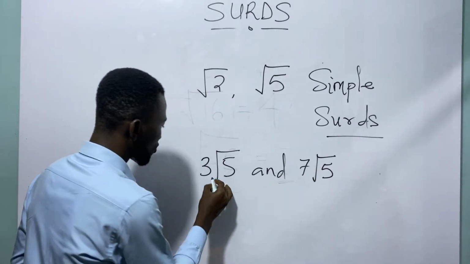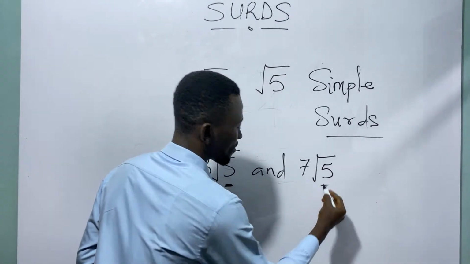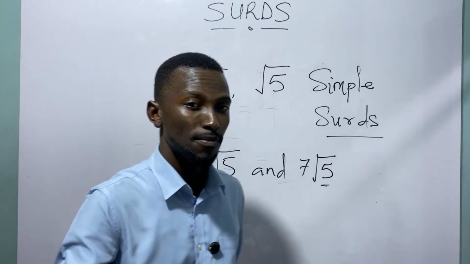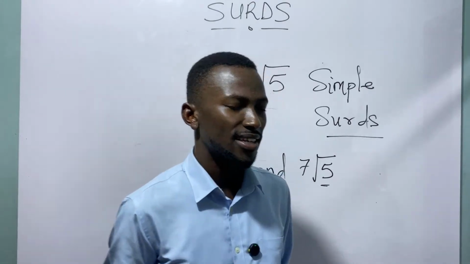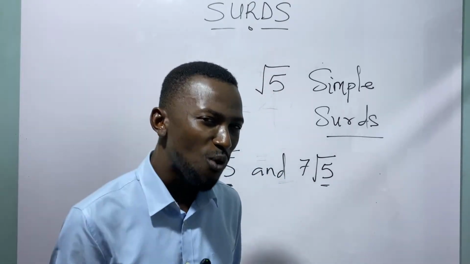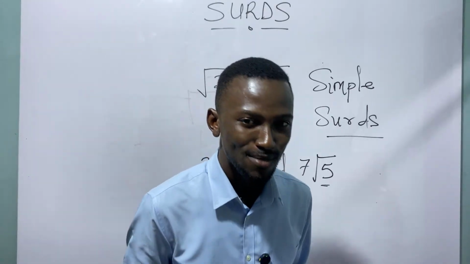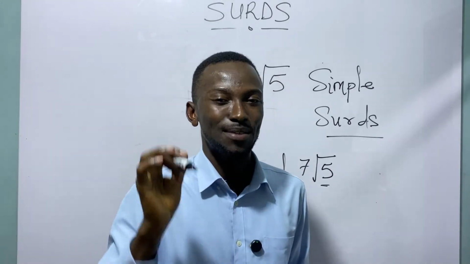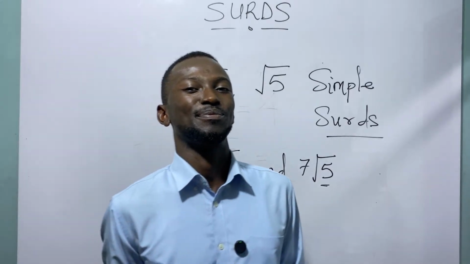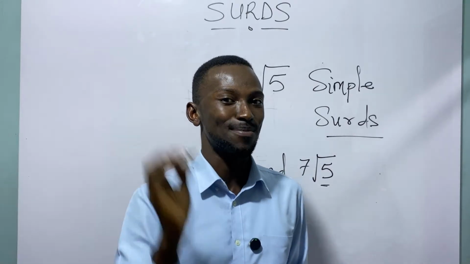Why? Because of this 5 and this 5 here. So when it comes to addition of surds, we can add only similar surds. Pay attention to that too. If the surds are not similar, you cannot add them. You can only add similar surds.